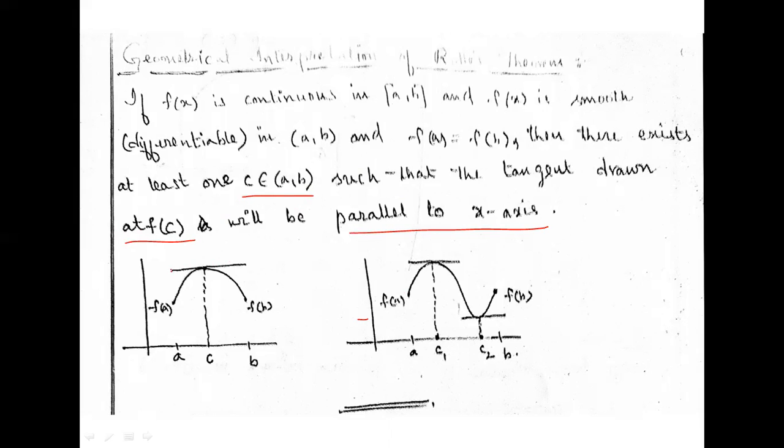As you can see, there is a tangent drawn to this curve, and this tangent is parallel to the x-axis. This is the geometrical representation of Rolle's theorem.